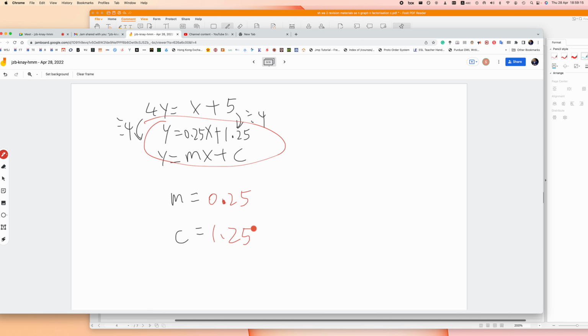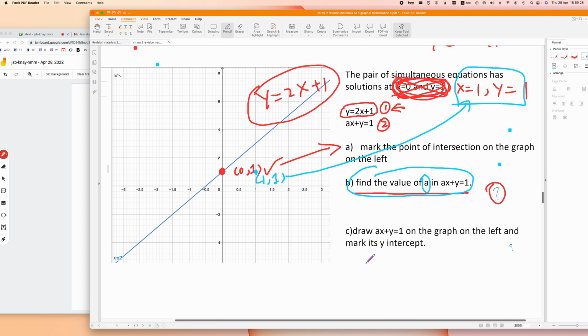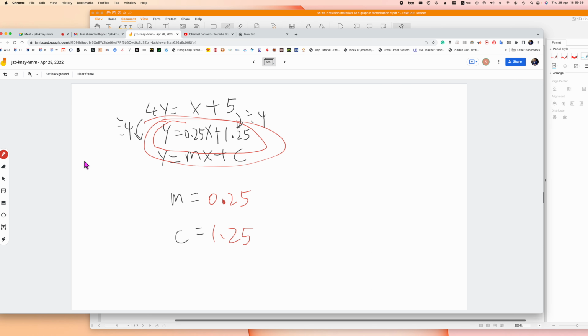So now, how do you sketch this out? Look at the question, what the question says. They say, draw this on the graph on the left, mark its y-intercept. Okay, good. So I need to give myself a table, right? To draw anything, you need to give yourself a table.